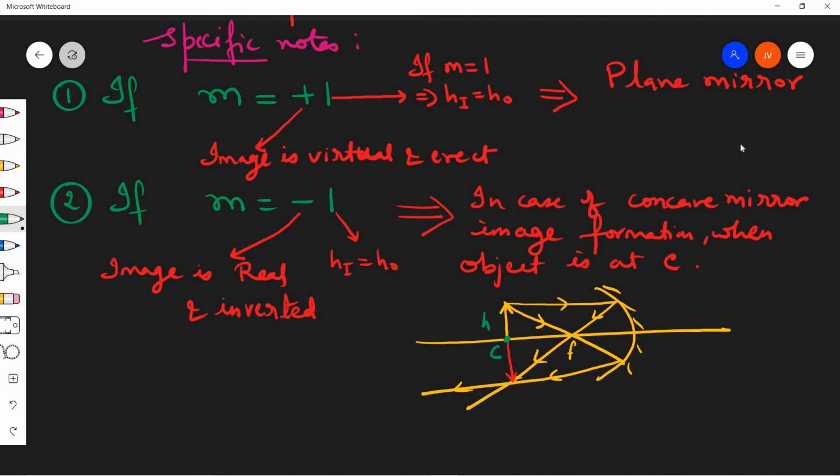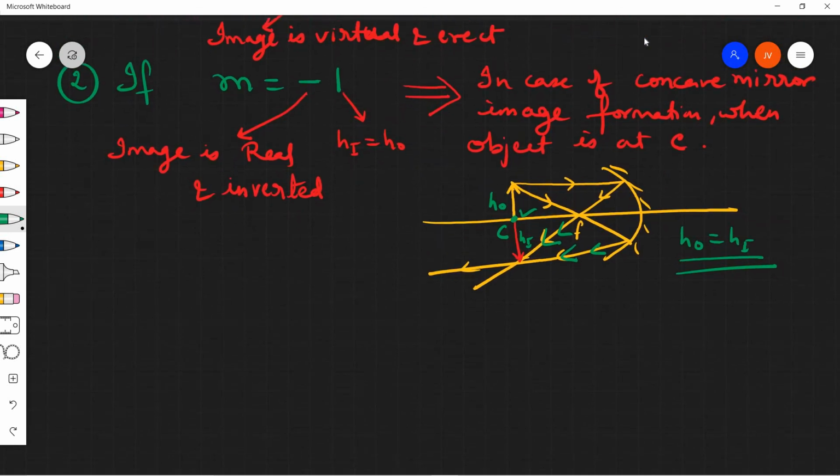So this is height of object and this is height of image. So if object is at C, then height of object and height of image will be same. But image is inverted, and this image is formed by actual intersection of the reflected light rays. So real and inverted image. That's why magnification is negative, but image height and object height are same. So magnification -1, this can be a 1 mark question.